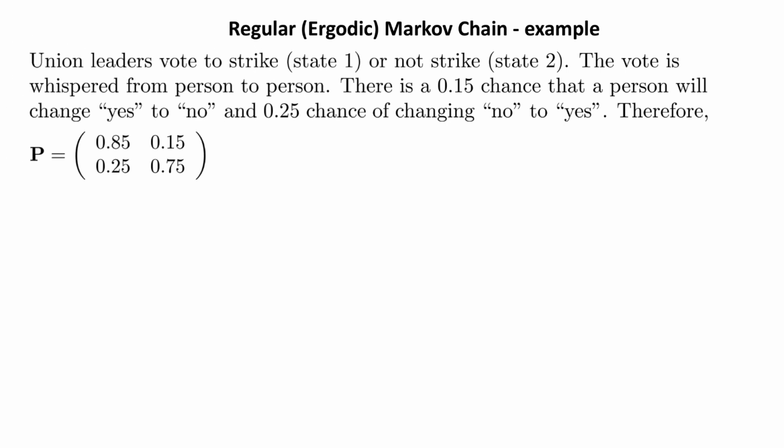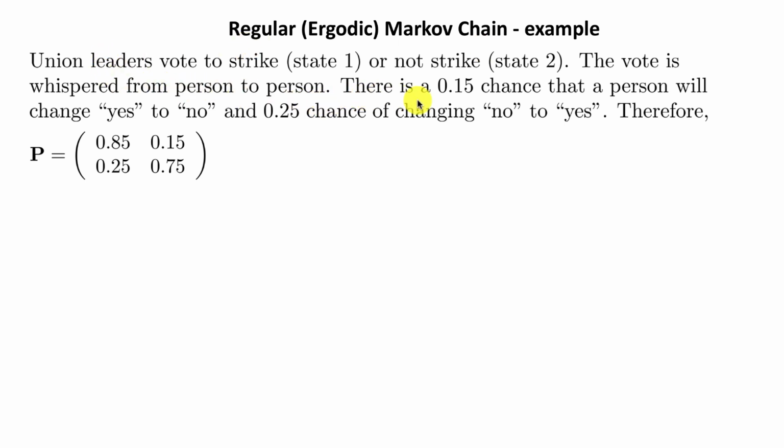Let's work out an example of a regular Markov chain. Suppose that union leaders meet together and they vote to strike, that would be state 1, or to not strike, and that would be state 2. Whatever they agree upon, their vote is whispered then from person to person.